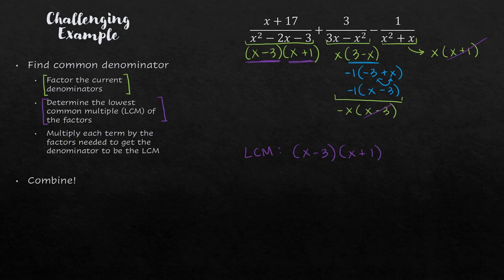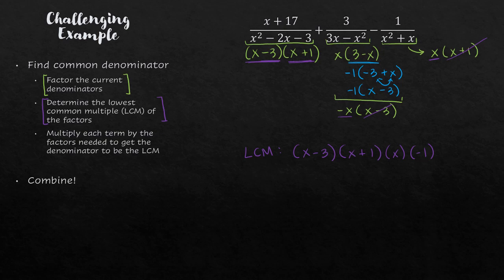Now what else is here that I haven't already included in my lowest common multiple? I have a negative x and an x. So I'm going to say, well, x is part of my lowest common multiple, and so is negative 1. I don't need an x and a negative x.